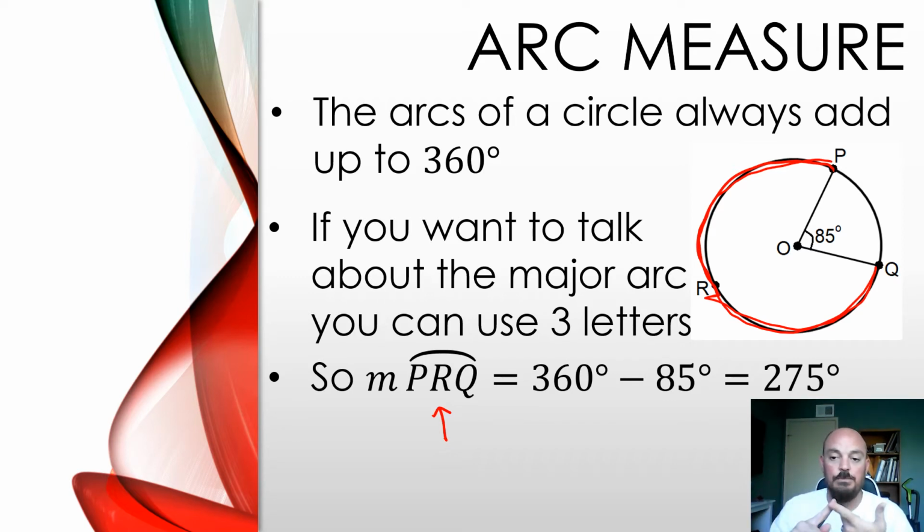It has to start at P, go through R, and end at Q. That's how you know I'm talking about the major arc instead of the minor arc. We can easily figure that out by subtracting from 360. If there are 360 degrees in a circle, and the minor arc is 85 degrees, I can find the major arc by doing 360 minus 85, and I get 275 degrees. So the measure of arc PRQ, the major arc, is 275 degrees.